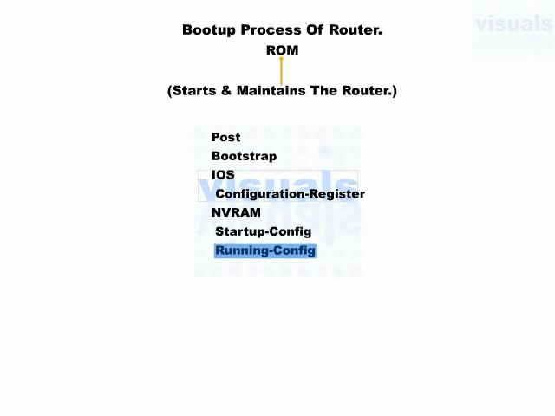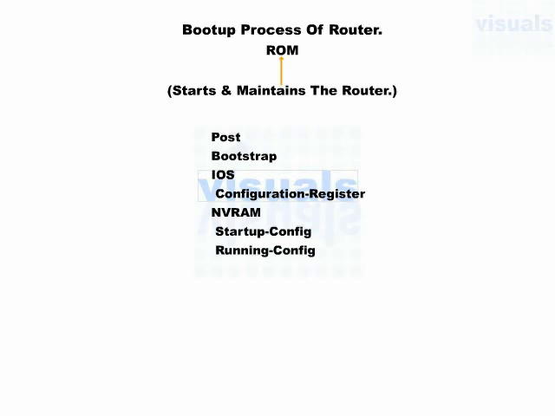The configuration which is running on the router is known as running config. When we save running config to startup config, whenever we start the router during the boot process, the IOS image loads startup config to RAM. Here this configuration file is considered as running config.